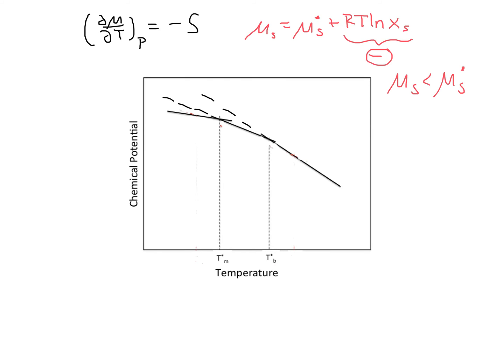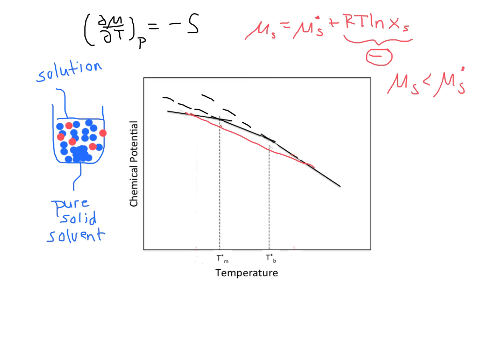Thus, our chemical potential for our pure solvent, which is shown here, is greater than our chemical potential for the solvent in solution. And so we get a line for the solution which is below the pure solvent.